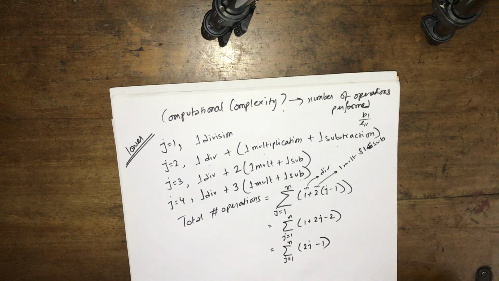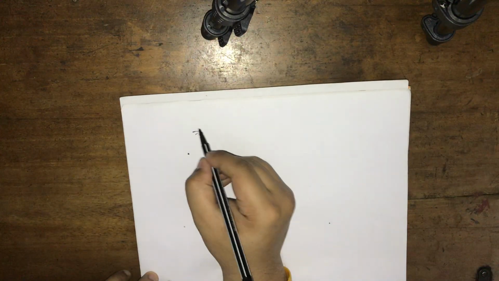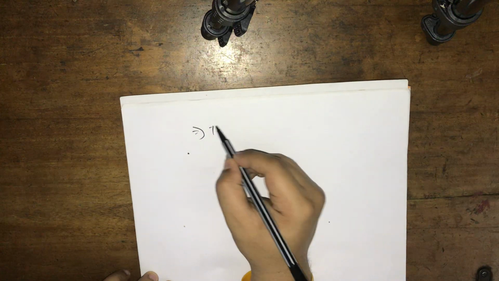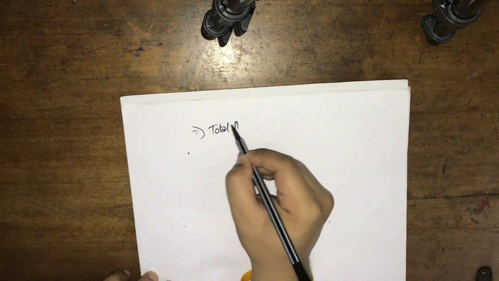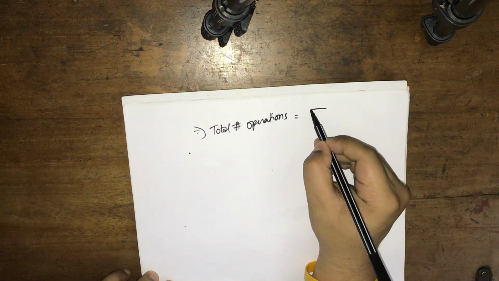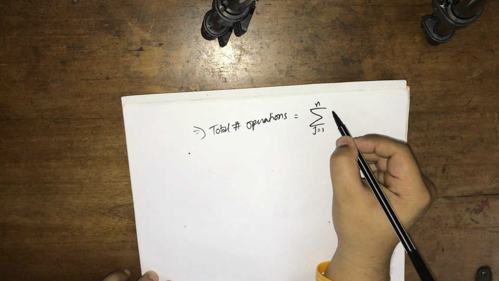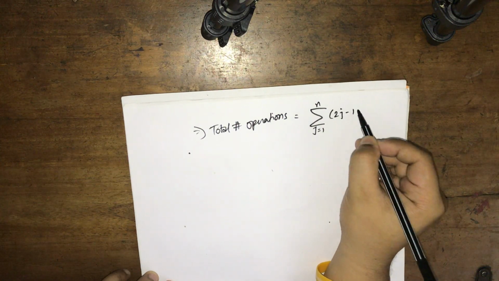Let's take this to the next page. So the total number of operations was the summation of 2j minus 1 from j equals 1 to n.